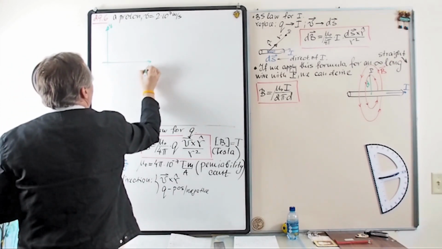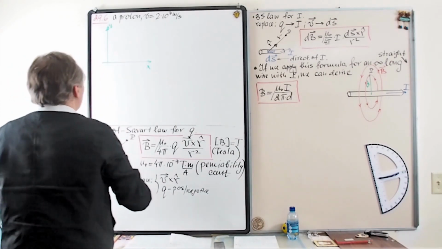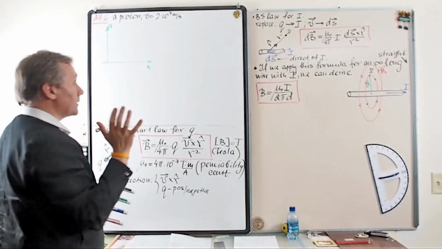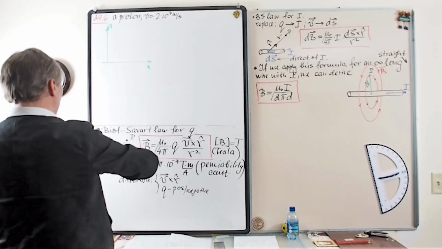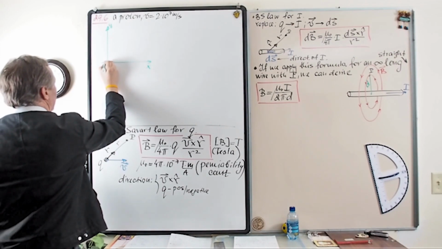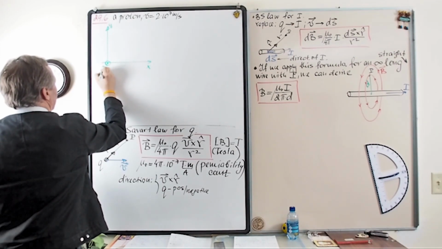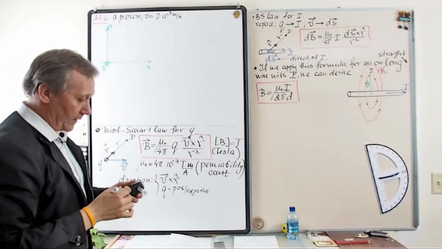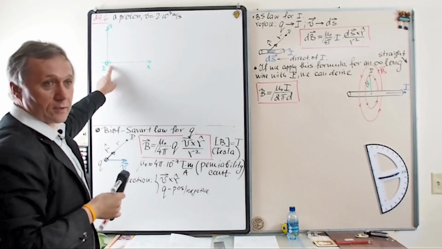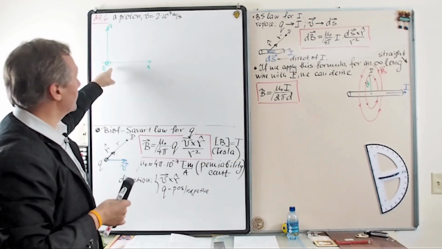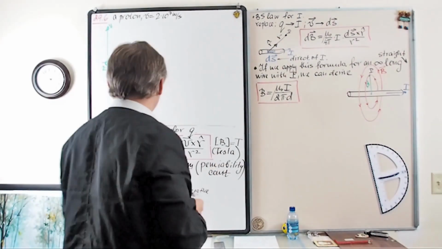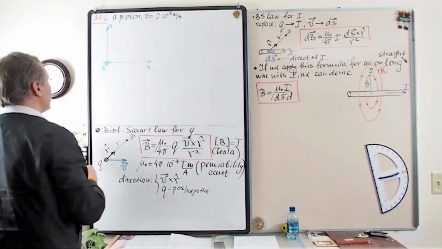This is my x-axis. Let's use a right-handed coordinate system, so the z-axis will be out of the board. You remember the convention about these directions: out of the board, we use a dot; a cross means into the board.